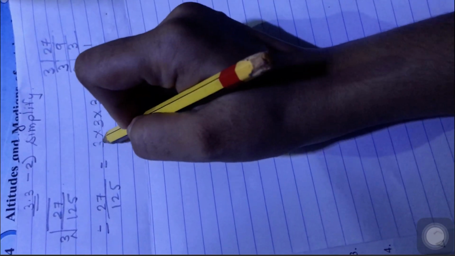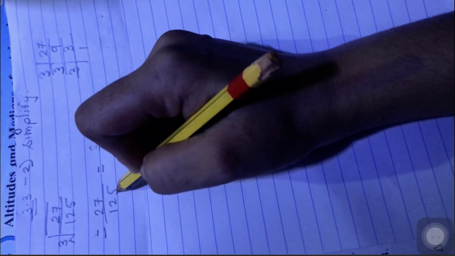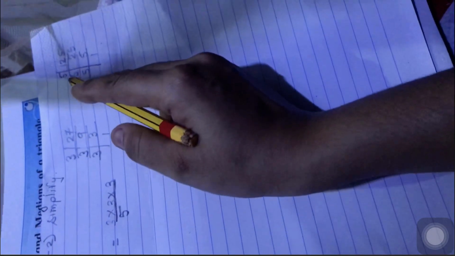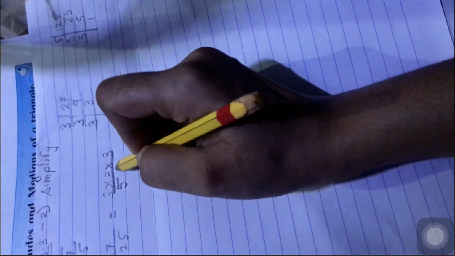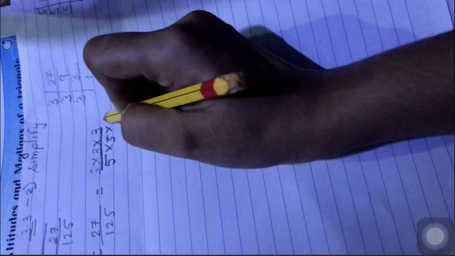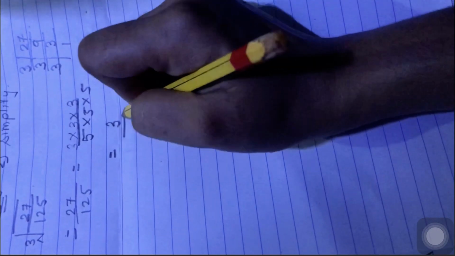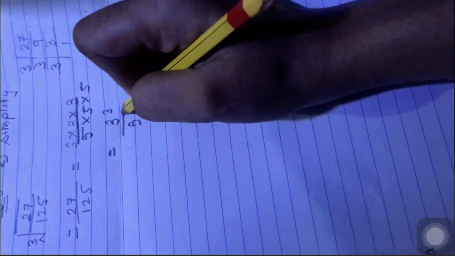Now 125, 5 here we took now, 5 into 5 into 5. So equals to 3 cube upon 5 cube, 3 cube, 5 cube, as it is present in a cube.